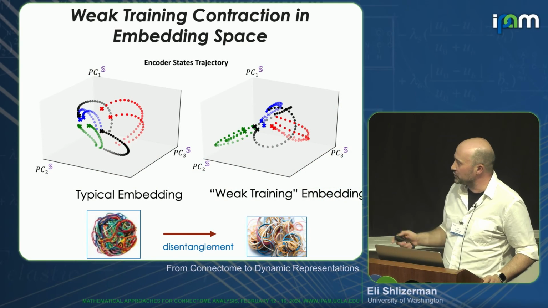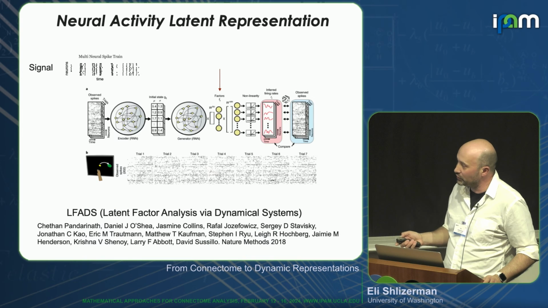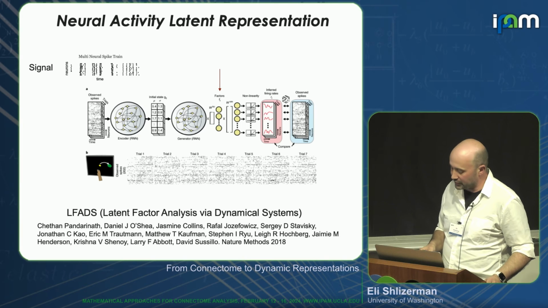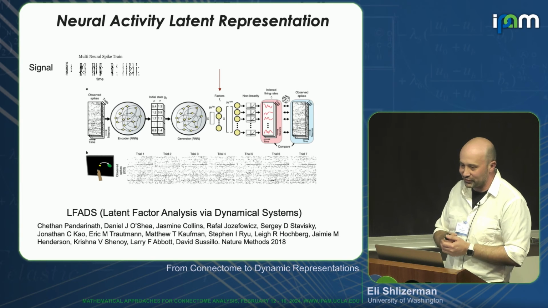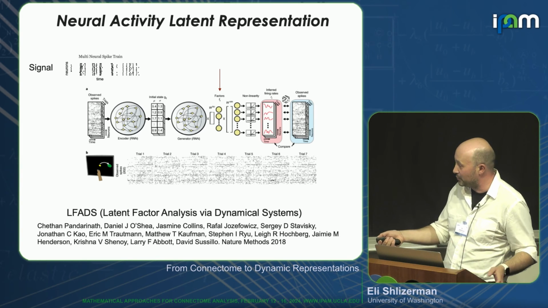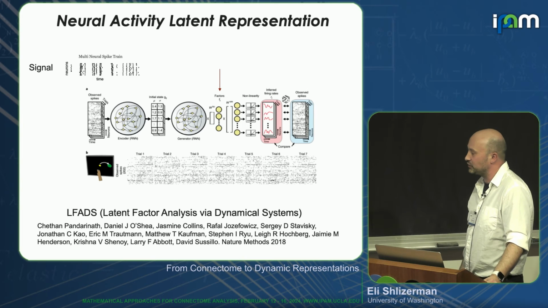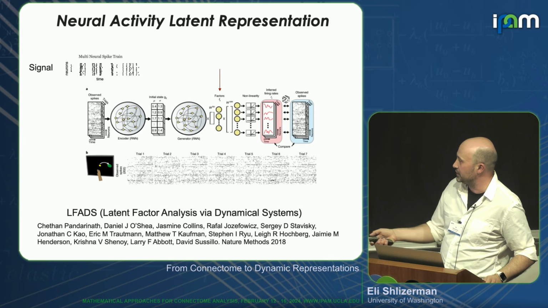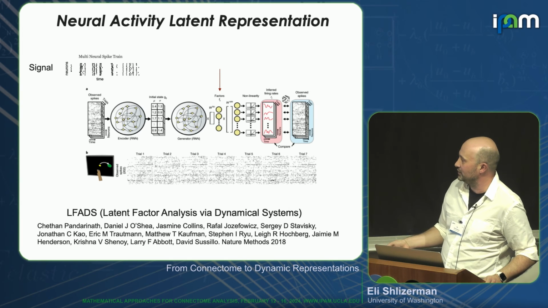Okay, so this is a process of disentanglement, and I wanted to mention that similar ideas or similar decoders are also used for neural time series, and this is an example of LFADS, latent factor analysis, for example, where the authors considered spiking data.